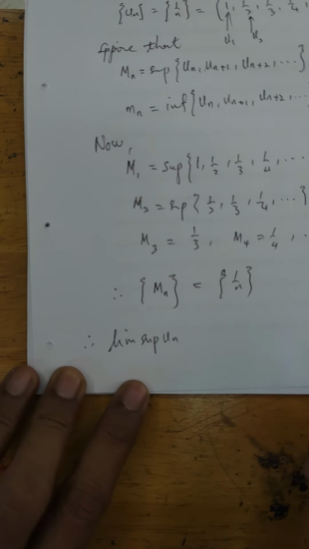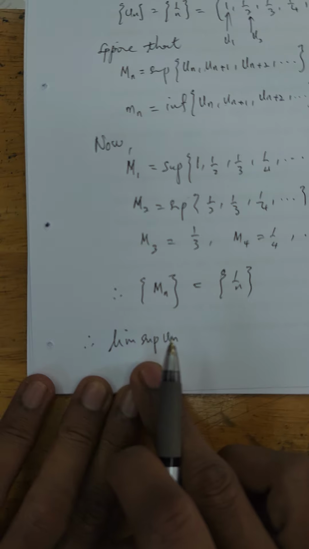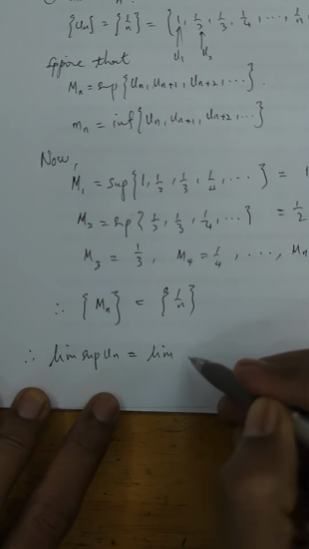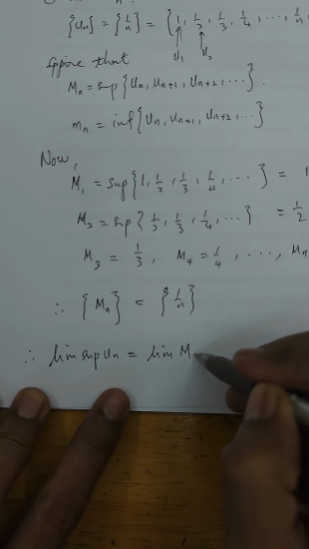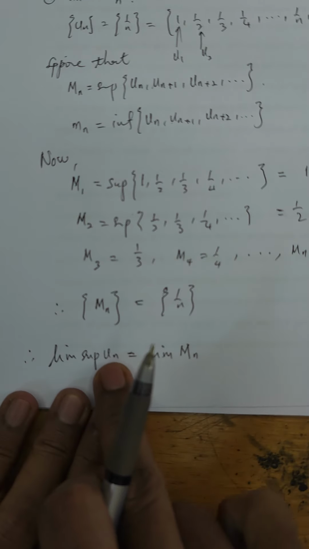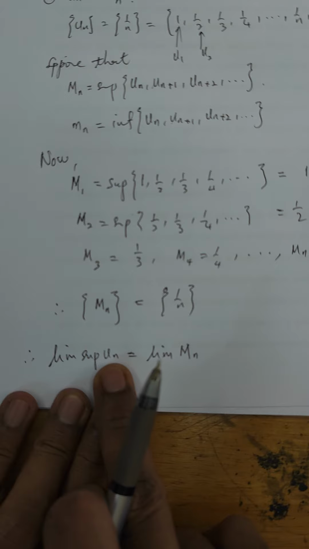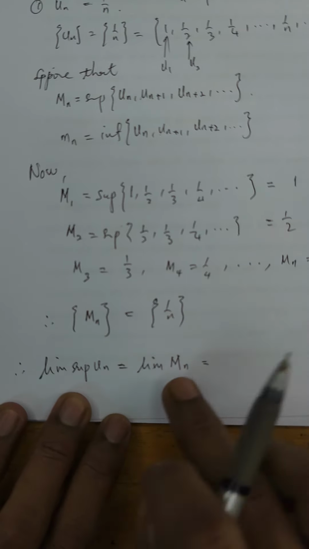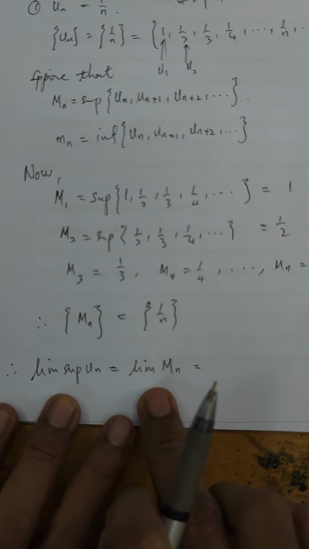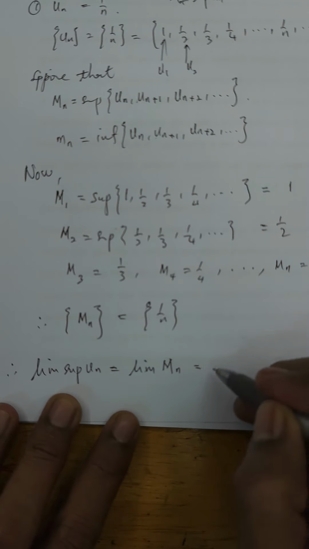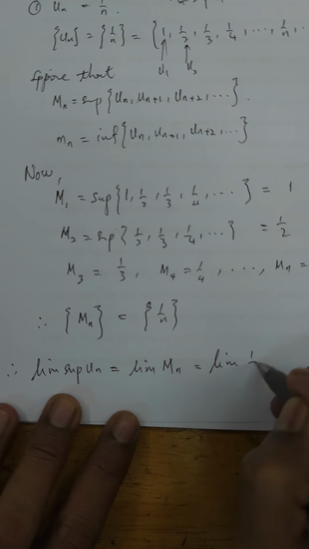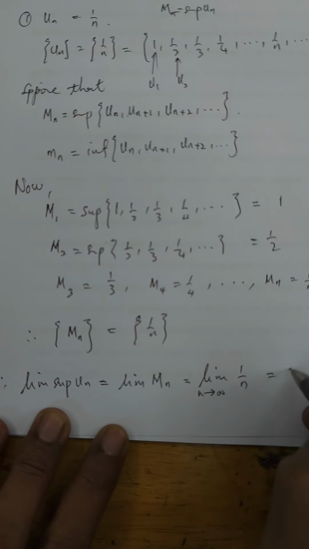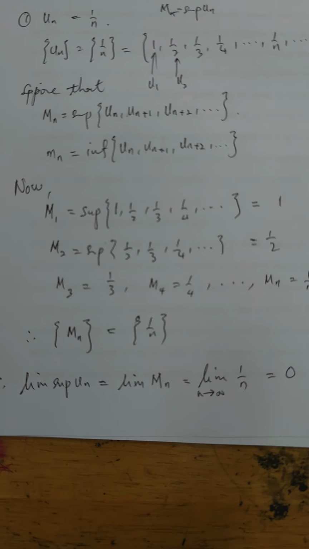Now, therefore, if you want to find the limit of the supremum of Un, this is nothing more than the limit of Mn itself, because Mn is the supremum of Un. You just substitute this. And we know that Mn is 1 over n, so we have the limit of 1 over n. Of course, n goes to infinity, so that gives you 0.